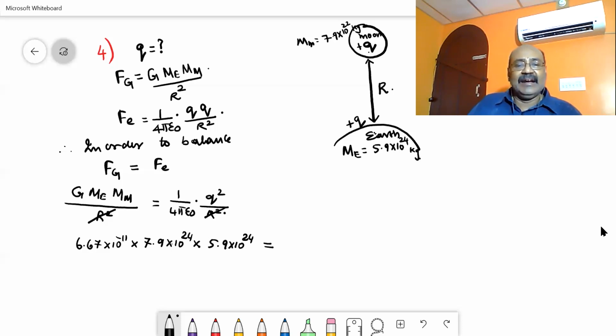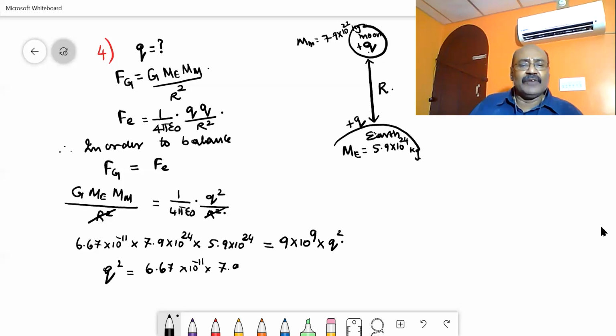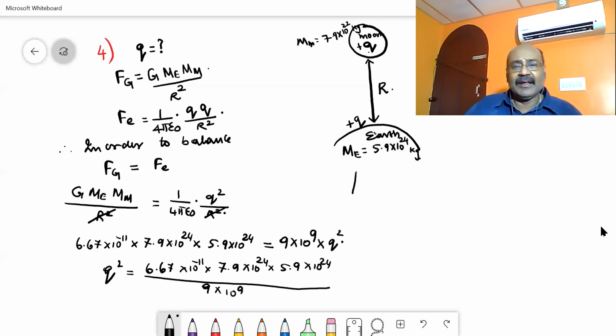It is 9 into 10 to the power of 9, multiplied with q square. So how to get q square? Q square is equal to 6.67 into 10 to the power of minus 11 into 7.9 into 10 to the power of 24 into 5.9 into 10 to the power of 24, whole divided by 9 into 10 to the power of 9. So I am writing the remaining here.